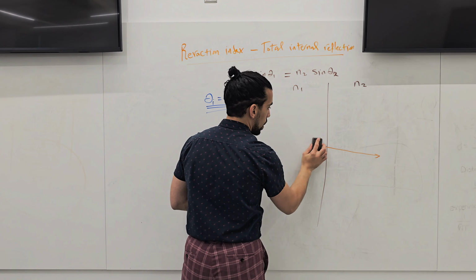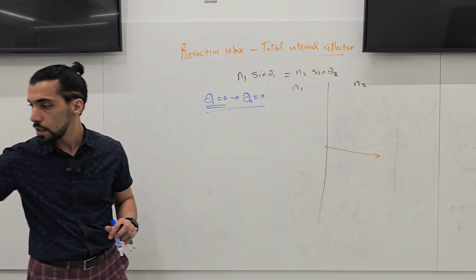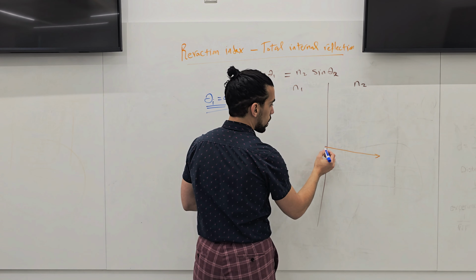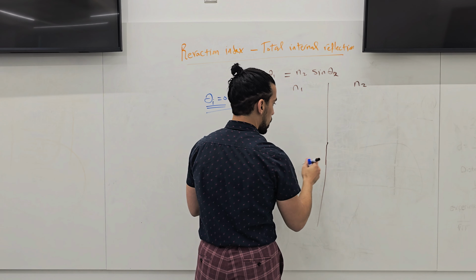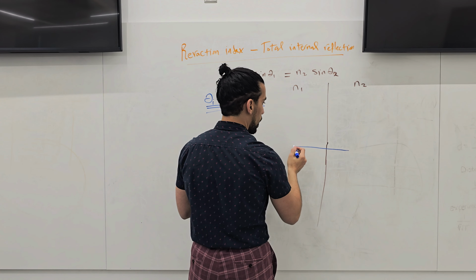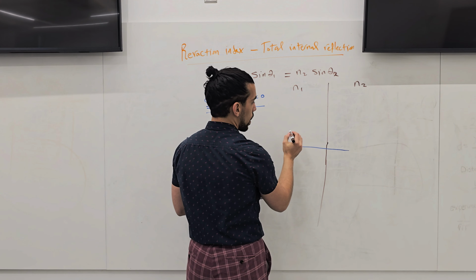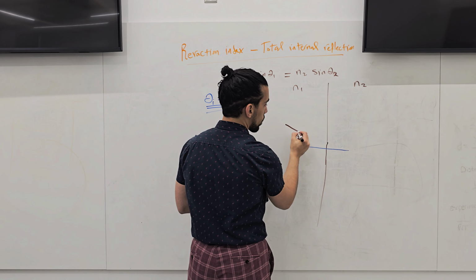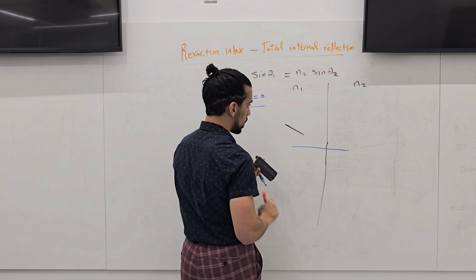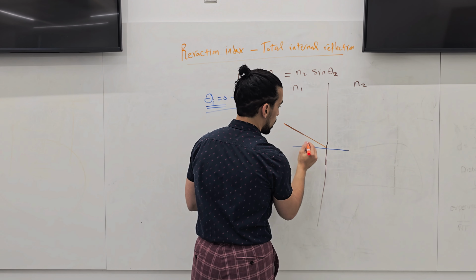However, if you start to have a higher incident angle, so let's say this is the center line, we are going to have a ray coming from this material with some angle, theta 1.